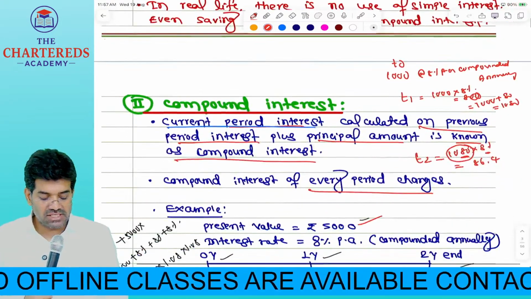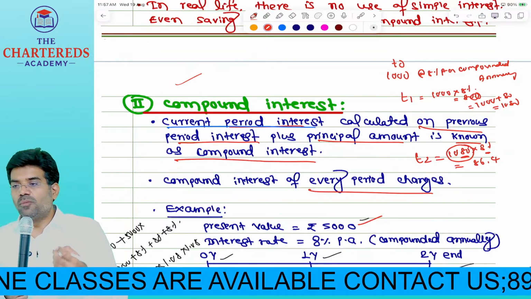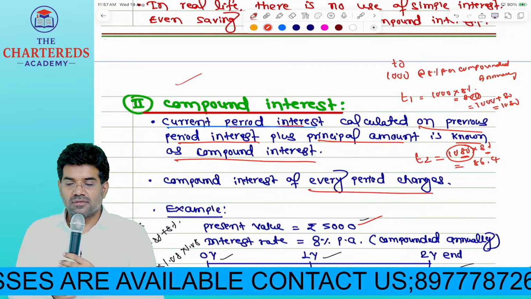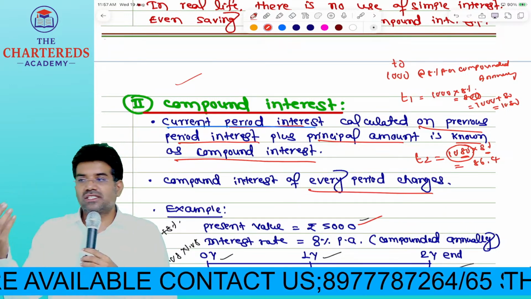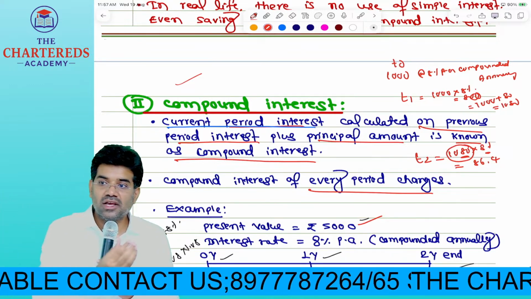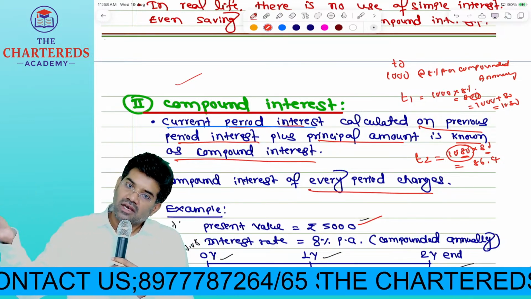That is the reason we started directly with compound interest only. In compound interest, first year interest will be on the original principal only, the investment amount only. But from the second year onwards, you calculate interest on interest also.